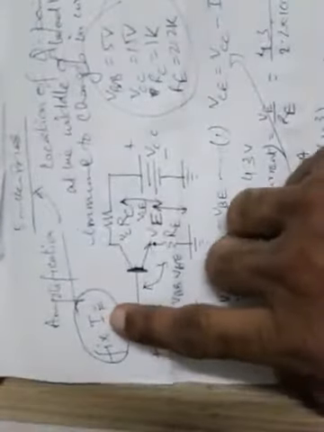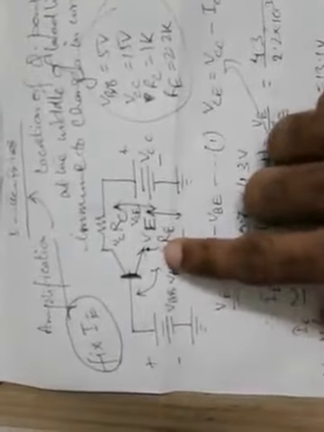Just by subtracting VBE from the base supply voltage, we get a voltage VE across the resistance RE. Once this VE is known and RE is given, you can calculate by Ohm's law the value of IE, which is the fixed value for this particular circuit, and that will ensure the location of the Q point at the middle of the load line, so that with this biasing technique, the transistor will be used for amplification. Now let us see if there is any minor effect of current gain.